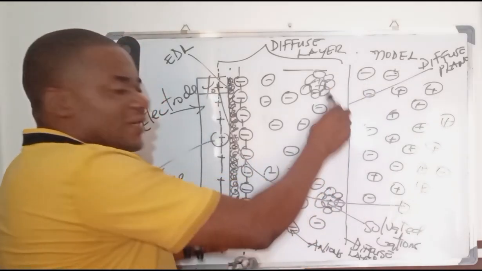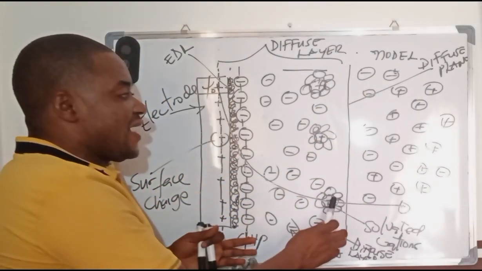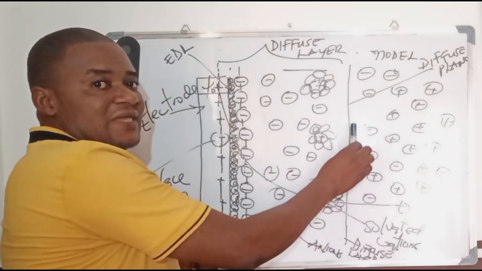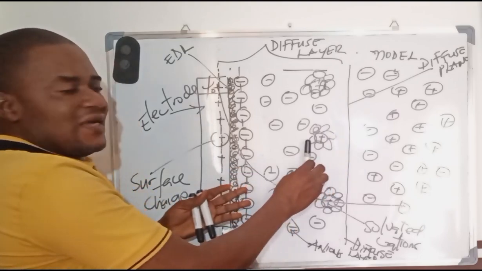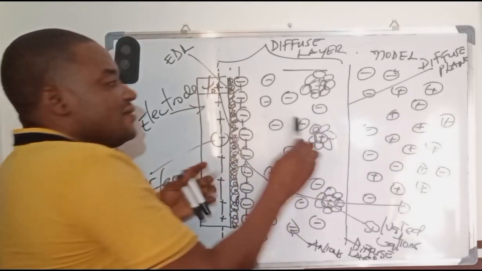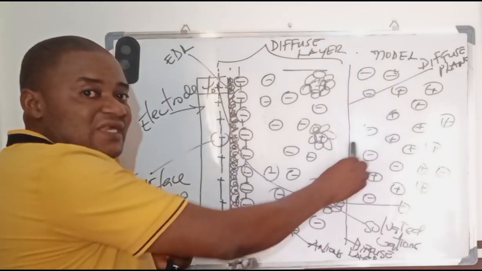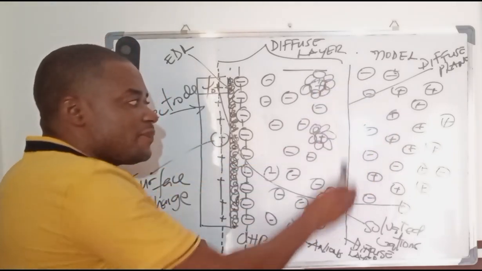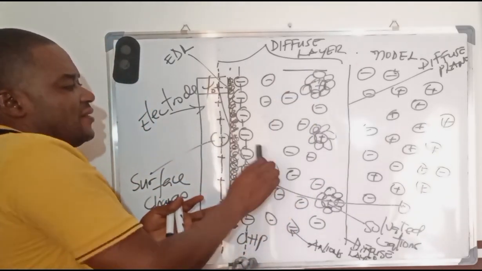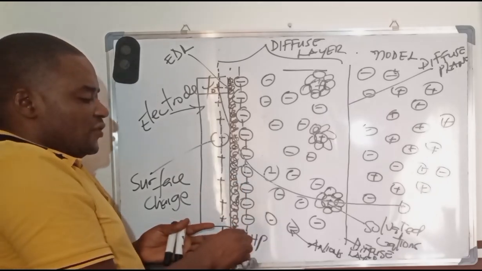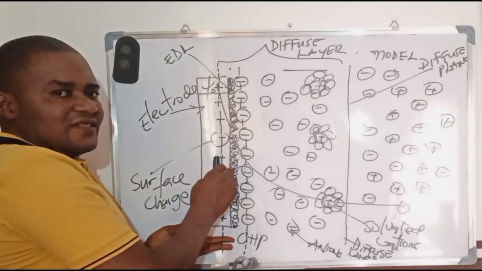Then there is also in the electrolyte a point you can define as your diffuse layer, where the counterions, which are the negative charges, will be attracted and move gradually to this point. They can move away from the bulk of the electrolyte, filter themselves through a diffuse plane, and you have more of the negative charges of the counterion now closer to the outer Helmholtz plane, where they can balance the charges on the electrode.